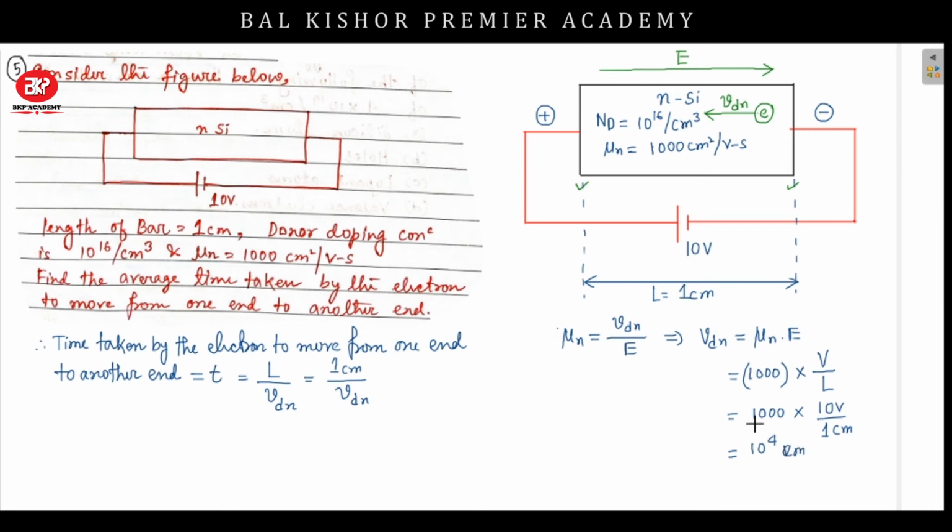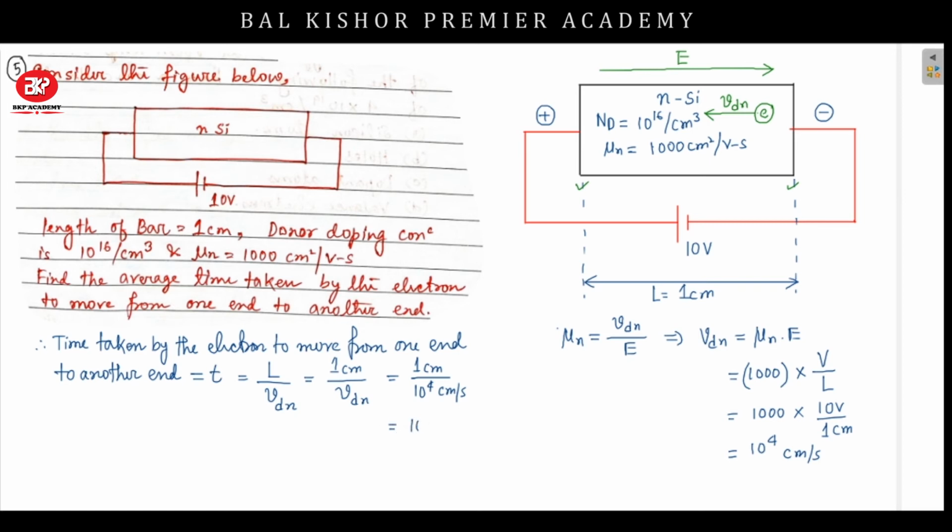The Vd value will come out to be centimeter per second. So if I put this 10 to the power 4 value in this equation, it will come out to be 1 centimeter divided by 10 to the power 4 centimeter per second.